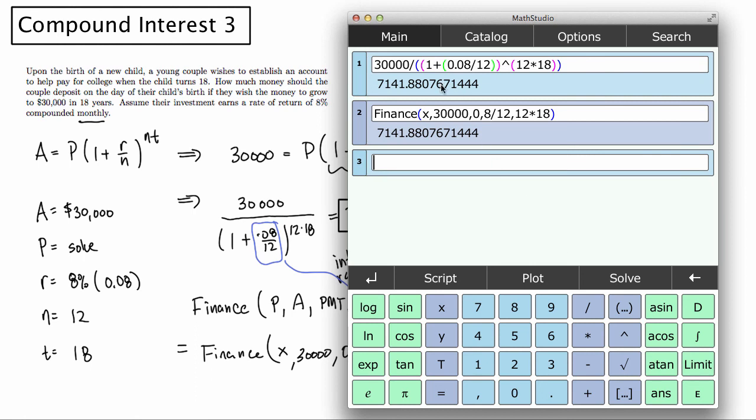So you can see that we end up with the exact same answer here as doing the problem by hand. The finance command is going to be a very fast way of handling these problems, but you shouldn't lose sight of the parts of the compound interest formula that get directly applied, like the 8 over 12 here versus the 0.08 over 12 here. They get directly applied to this new command. The 12 times 18 here versus the 12 times 18 here.